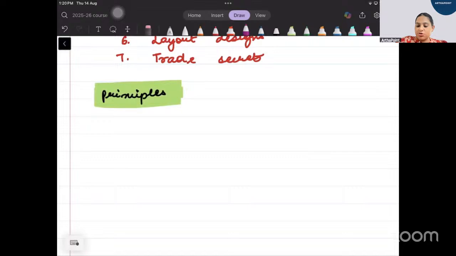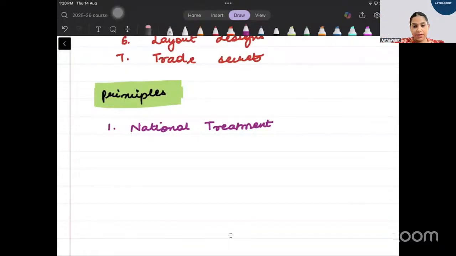So the first principle of TRIPS is national treatment. It means I should not discriminate between any foreign IPR holder and a domestic IPR holder.